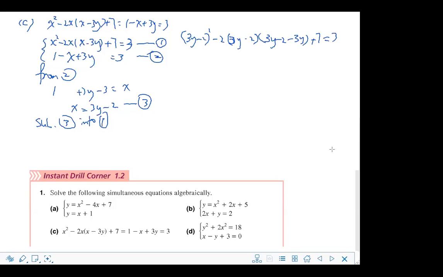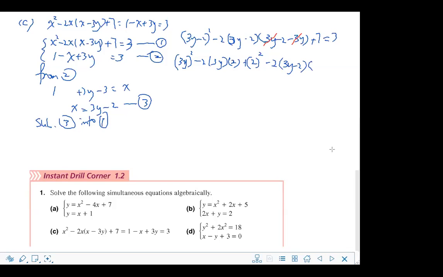This is a bracket. So we have a squared minus 2ab plus b squared. Okay, and then minus 2 times 3y minus 2. And this bracket, the 3y and 3y will be cancelled by each other.